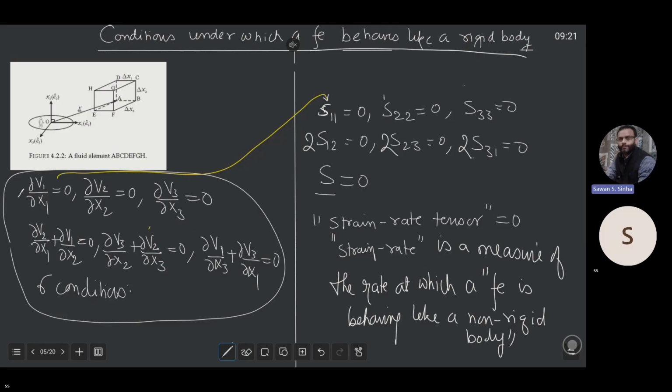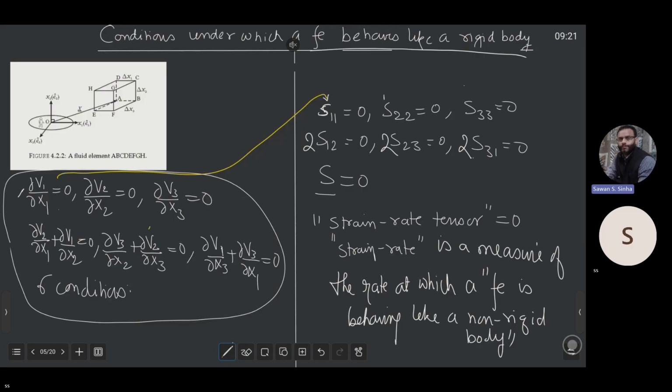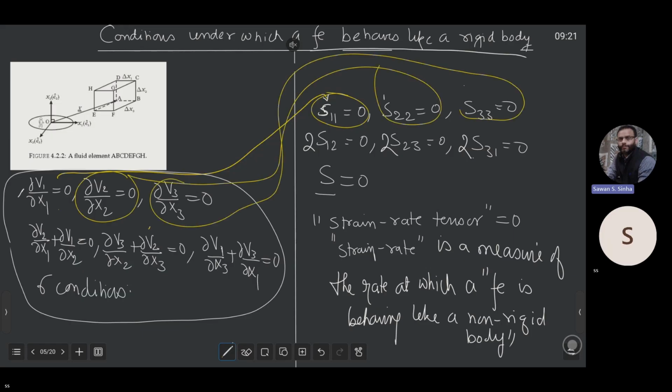Now note that these 6 conditions are all related to various scalar components of the strain rate tensor. This first condition, which I wrote as del V1 del X1 should be 0, means S11 is 0. The second one means S22 is 0. The third one means S33 is 0. And in these conditions, mind you, there was no half here.